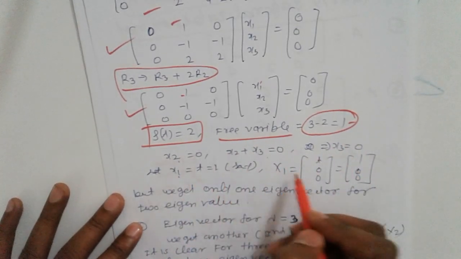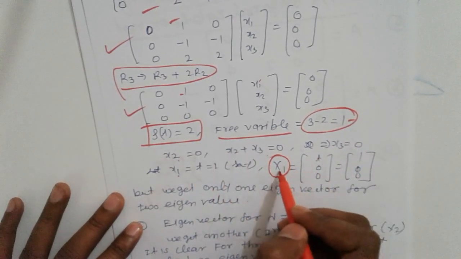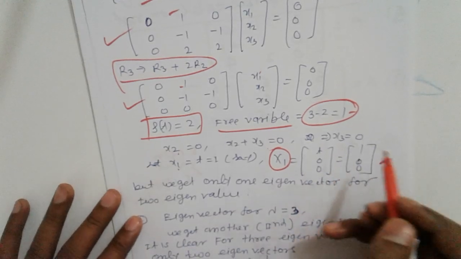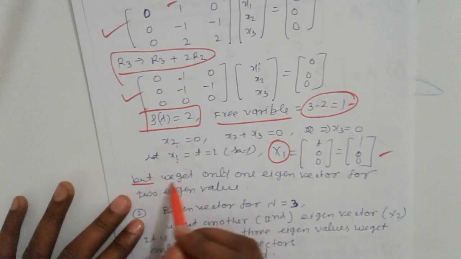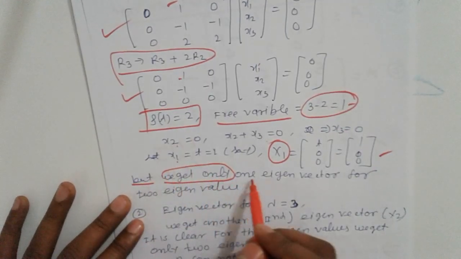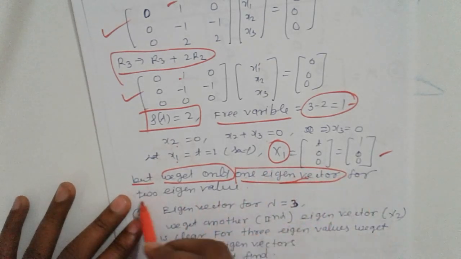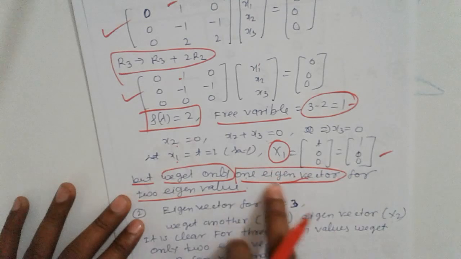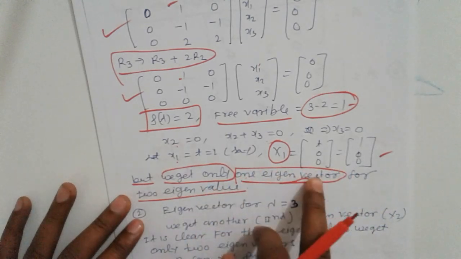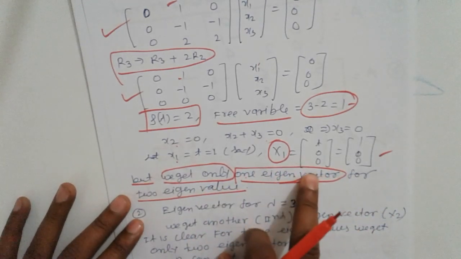Let x1 equal to t; this is vector x1. We get only one eigenvector for two eigenvalues; only one eigenvector is found for the two repeated eigenvalues.